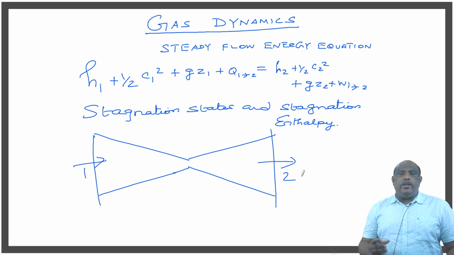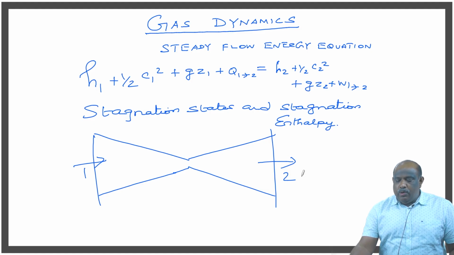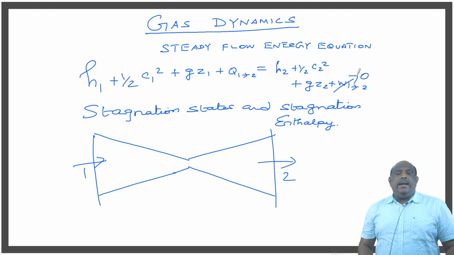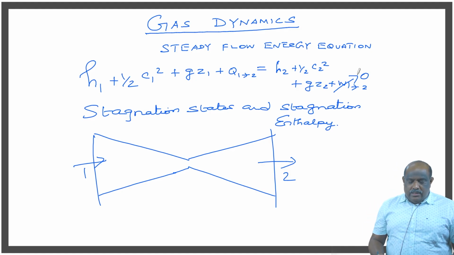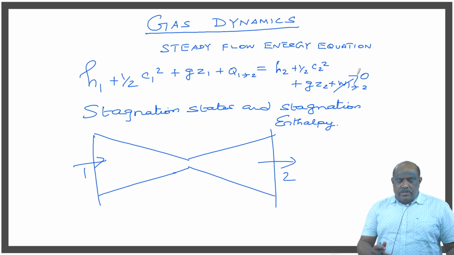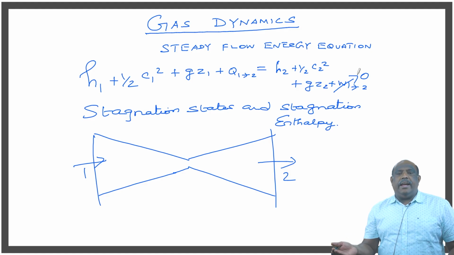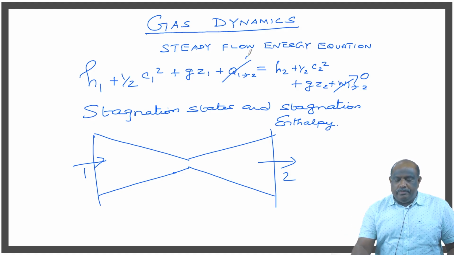Here there are no rotating components and hence the work done is 0, which means w12 can be made 0. We assume there is no heat loss from the gas to the surroundings or from the surroundings into the system, which means q12 can also be made 0.